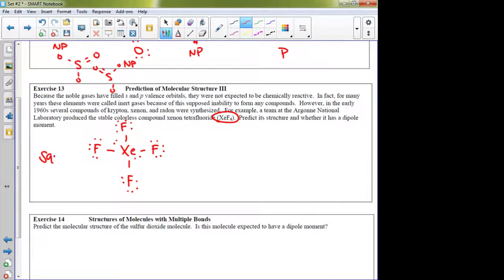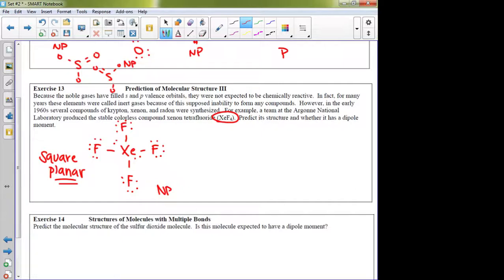Now, I'll go ahead and tell you the shape of this, because I don't make you know this. It is square planar. Because of the shape, just from looking at the name of that shape, do you think this is polar or nonpolar? I believe it would be nonpolar too. Why do you think, just from looking at the name, it would be nonpolar?